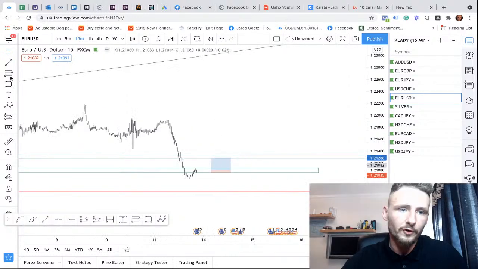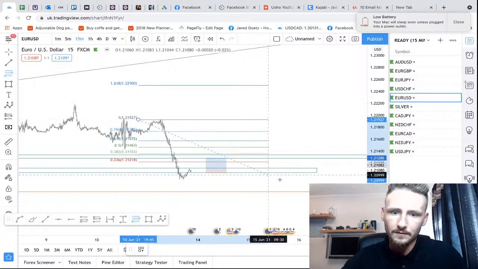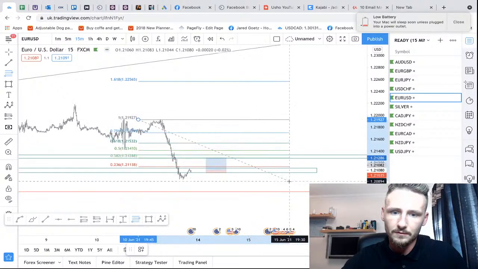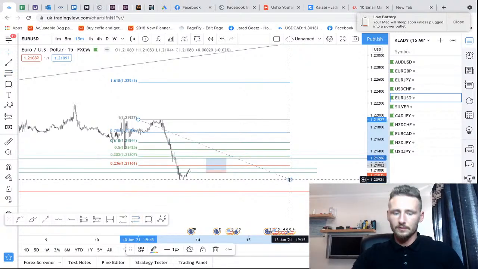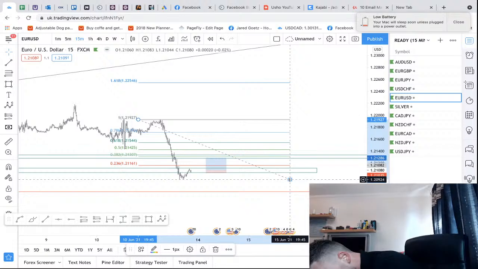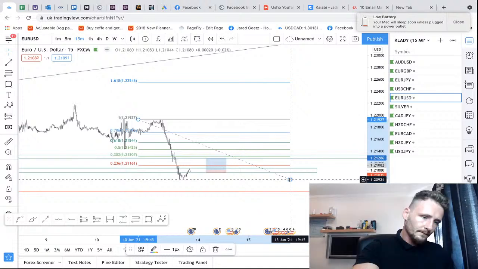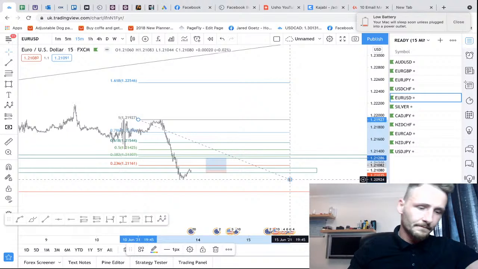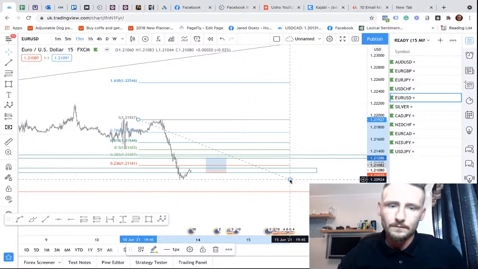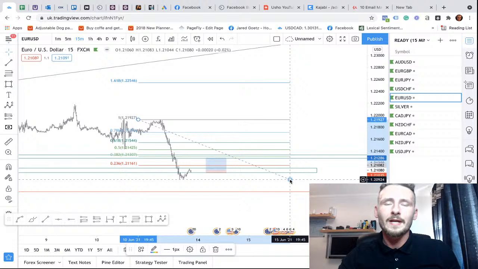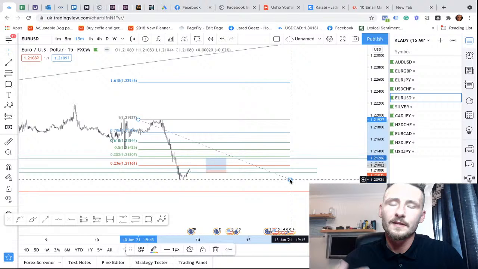If you just maybe throw a Fibonacci on this, and really all Fibonacci is good for is just giving you another confluence to where some good levels actually might be in the market, because sometimes you might be looking at a chart and things just might not be popping out at you.